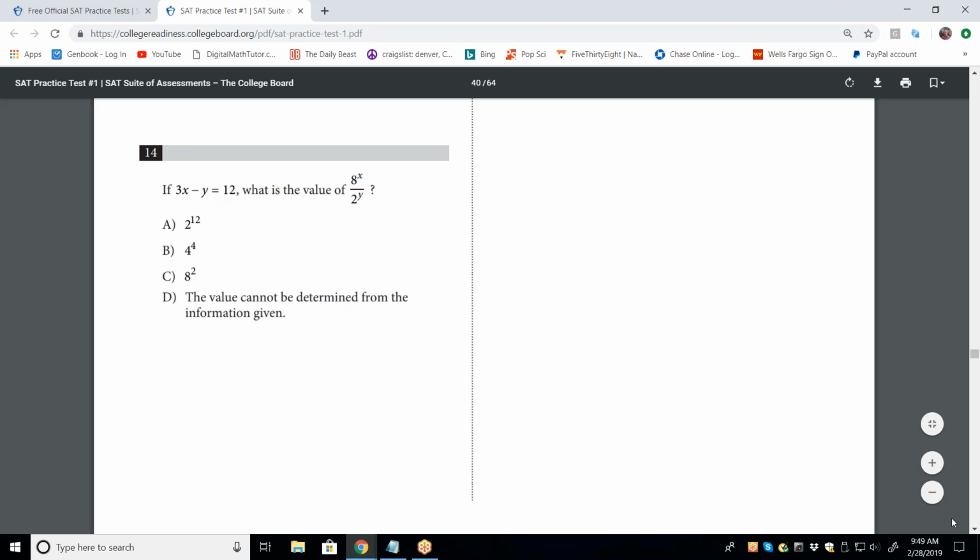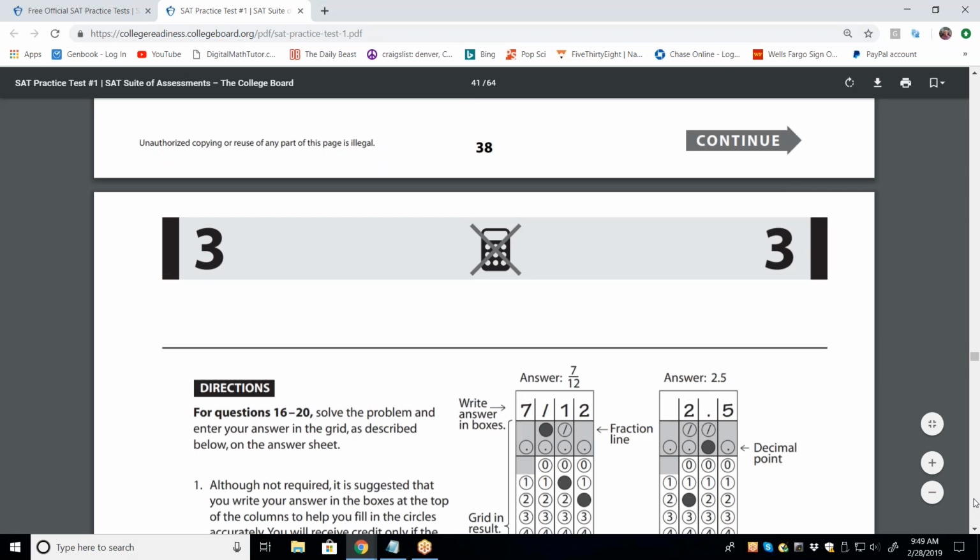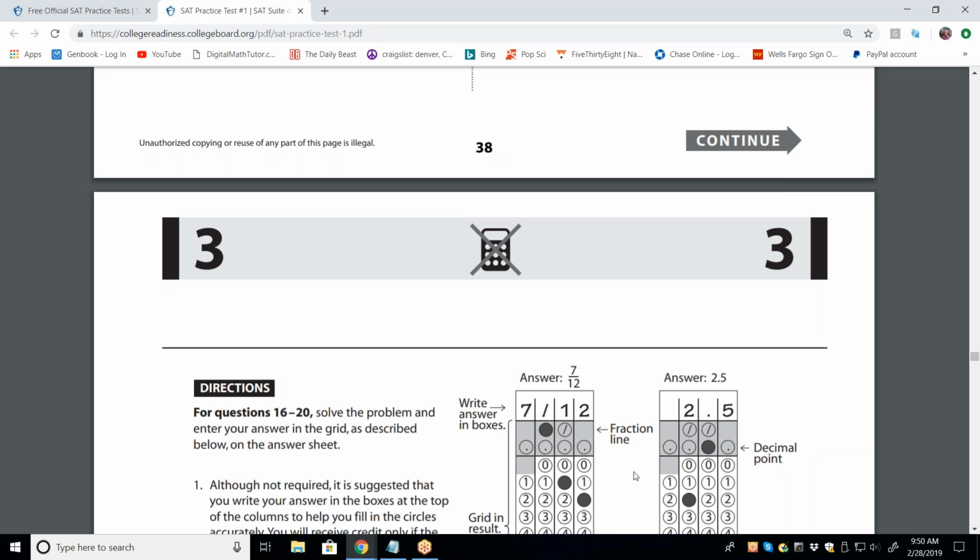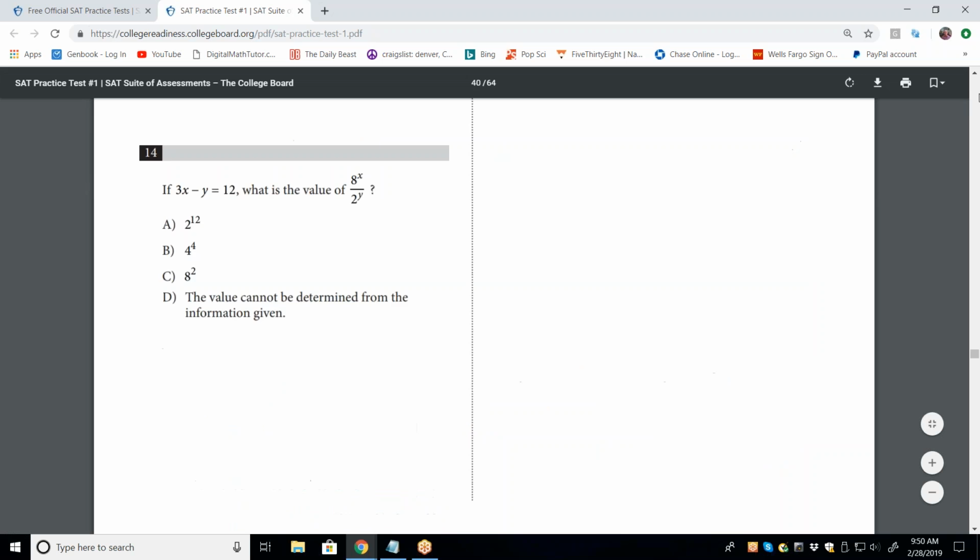And then the next section they go to, whether it's grid or calculator, starts all over again in order of difficulty. In other words, if we go down and look at the next section, it's the grid section, not multiple choice. Well, the first couple questions on that grid are going to be easy. It's back to easy, hard, and so forth. Okay?